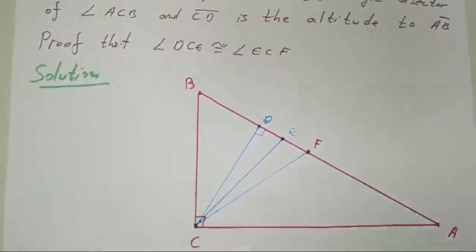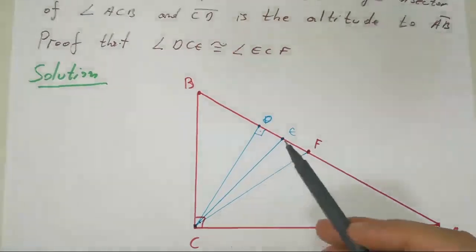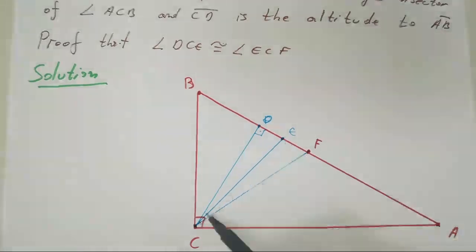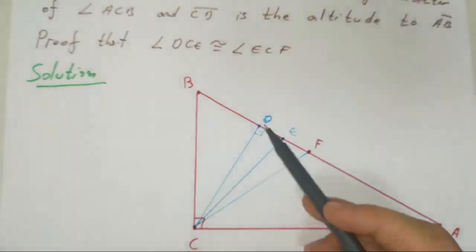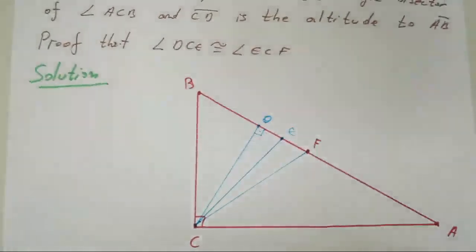So we have three lines, CF, the median, CE, which is the angle bisector, and CD, which is the altitude of this triangle.